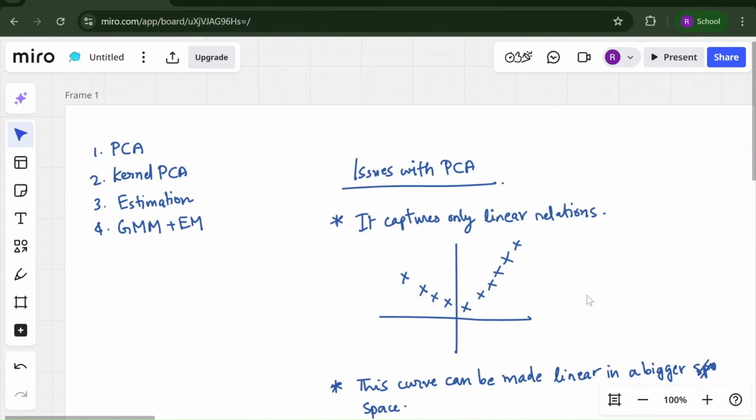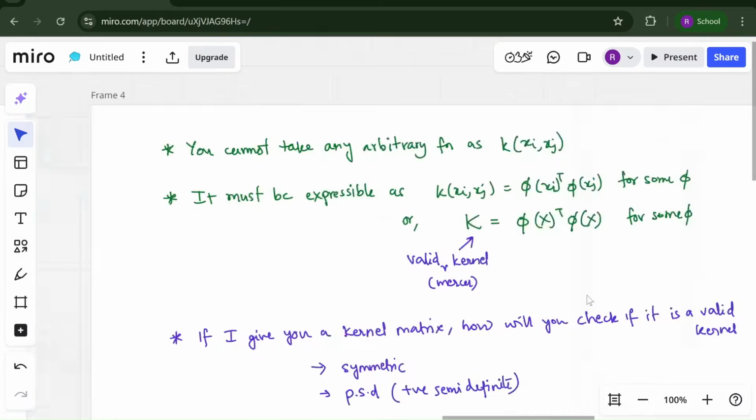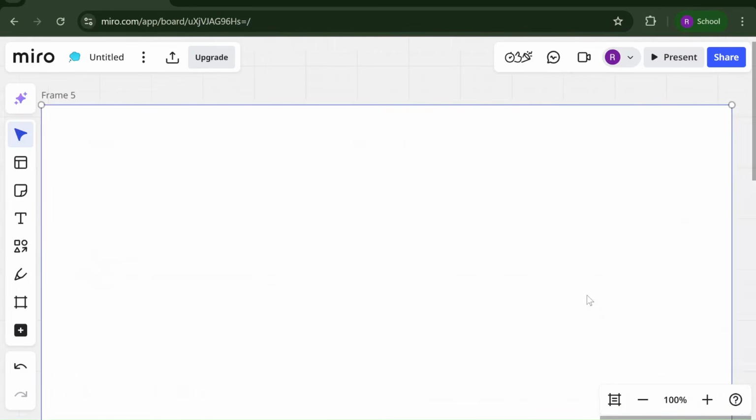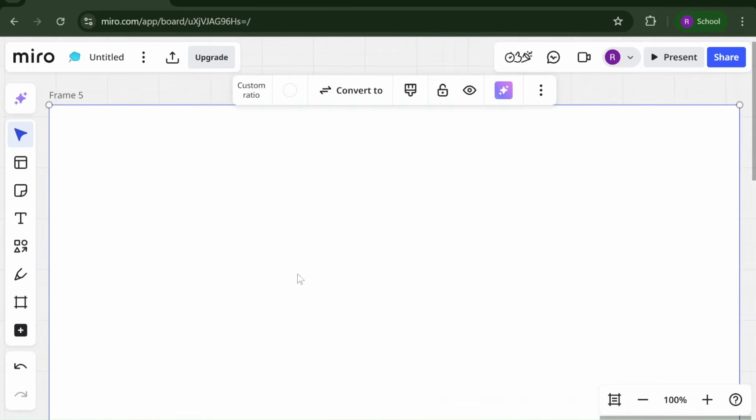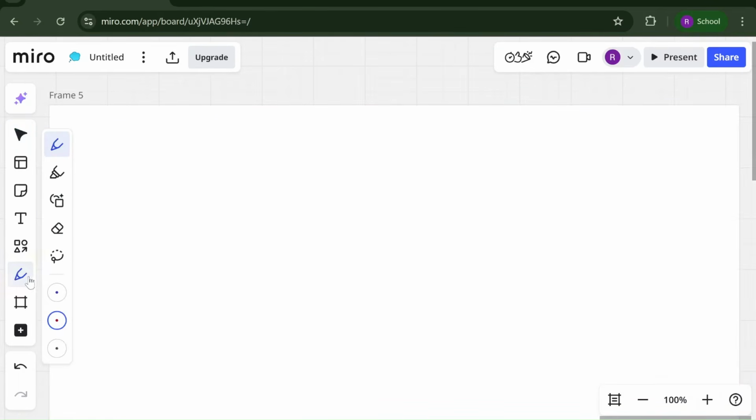estimation. Okay, so let's quickly look into the important parts about estimation. So in the context of estimation, there are two primary things.